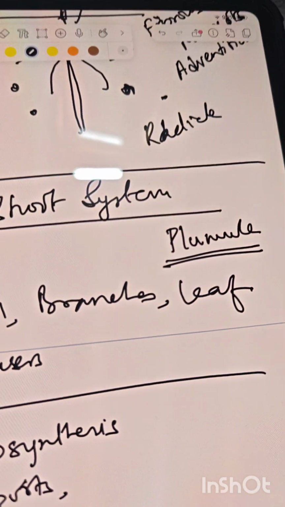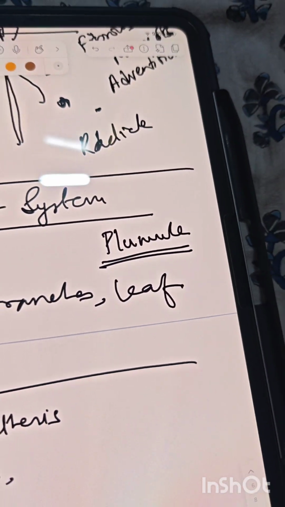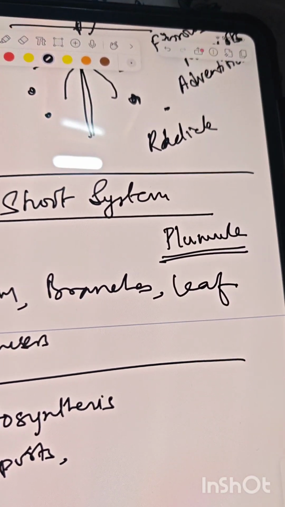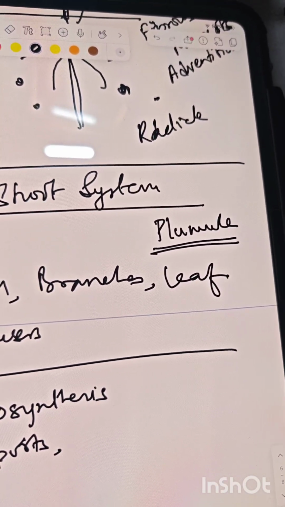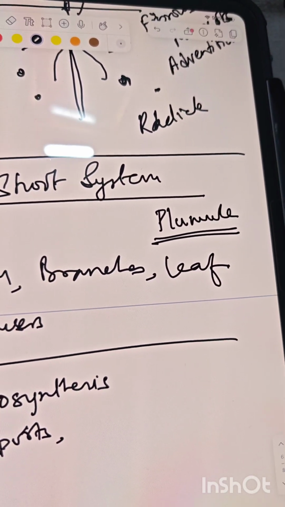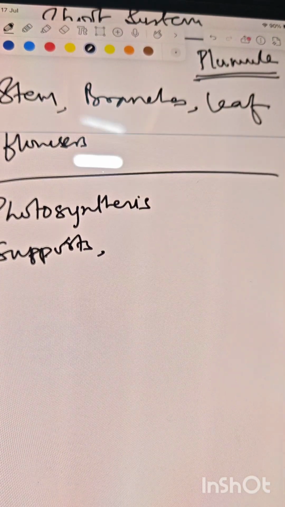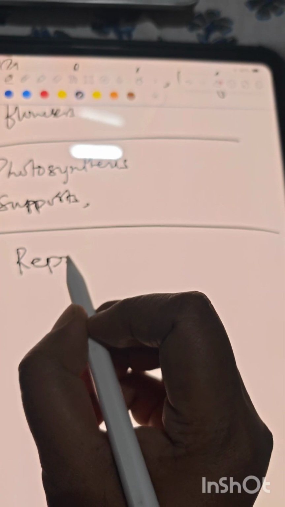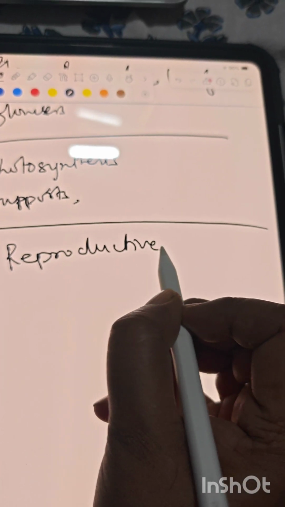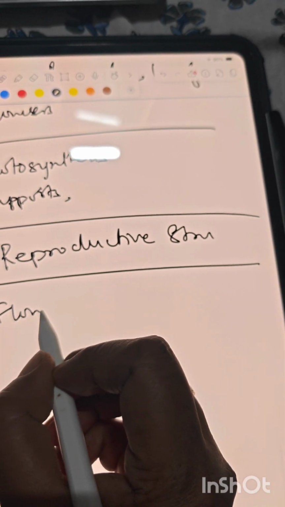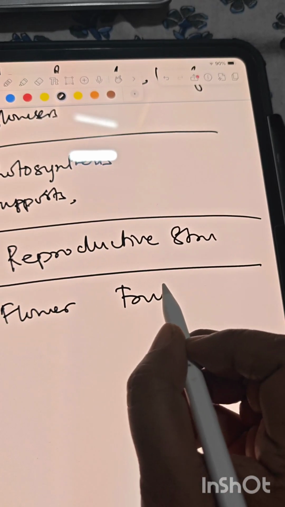The shoot system includes the vegetative organs, root, stem and leaves. The basic body plan includes the vegetative structure and the reproductive structure. In reproductive structures of plants you will find the flowers and the fruits.